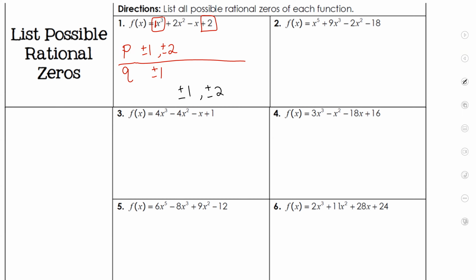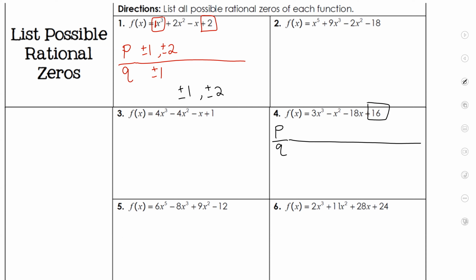Let's do number 4. Remember, we write this as p over q. Okay, let's list the possible factors of 16.